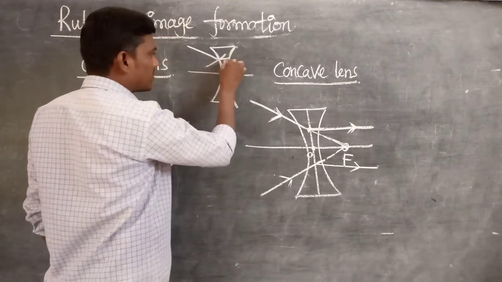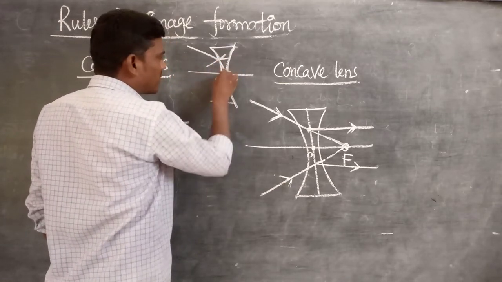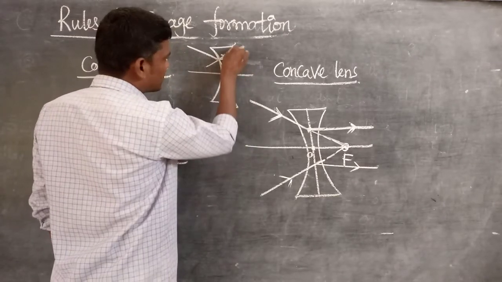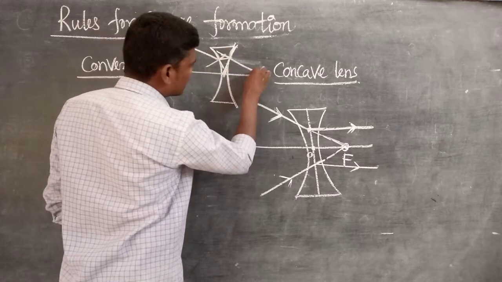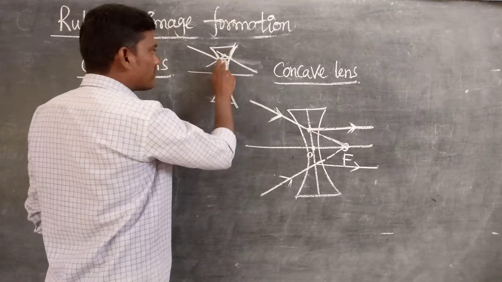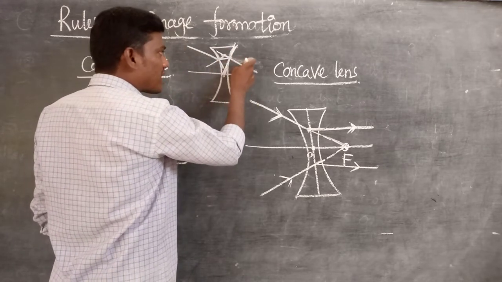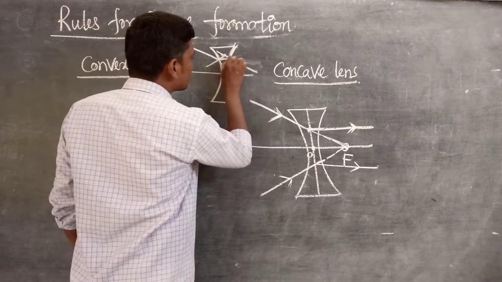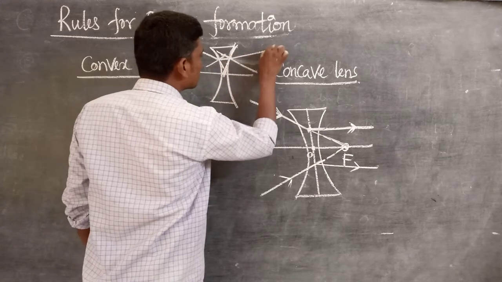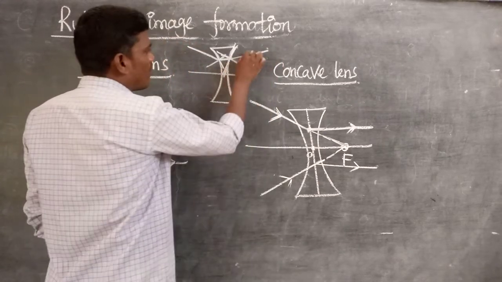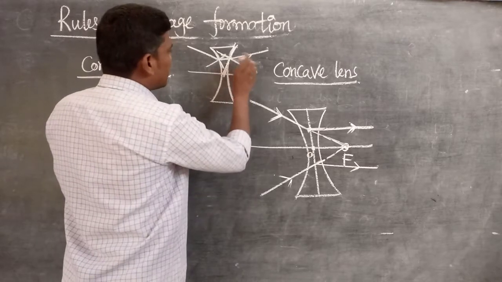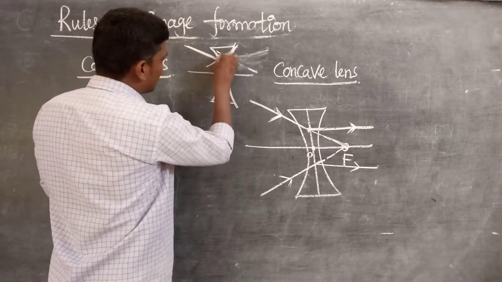Again it falls onto this surface, and we draw the normal. After the second refraction, from denser to rarer, it will move away from the normal. So mostly it is slightly deviated, but generally here we are observing the exact model.